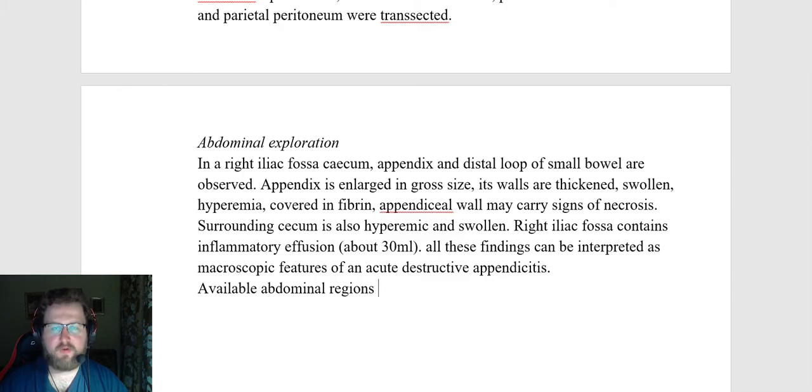So if you didn't find anything specific in those regions, you write down that available abdominal regions carry no signs of visible pathology.